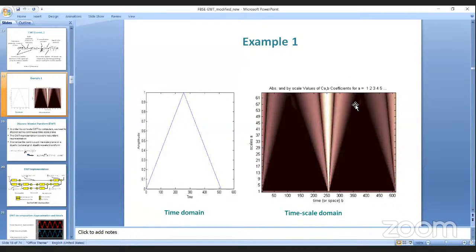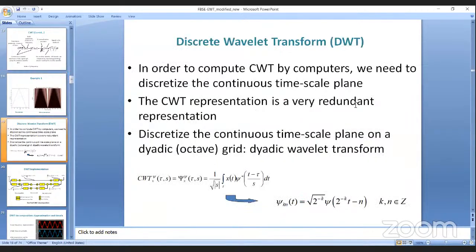So different kinds of scales are suitable for different kinds of analysis of signals. And this continuous wavelet transform, when you want to implement it in the computer, the use of continuous variables will require infinite memory. That cannot be processed with the help of computers or machines, because we have finite memories.